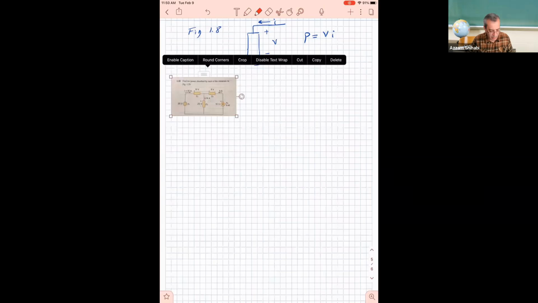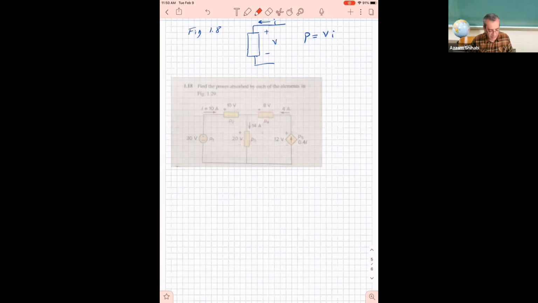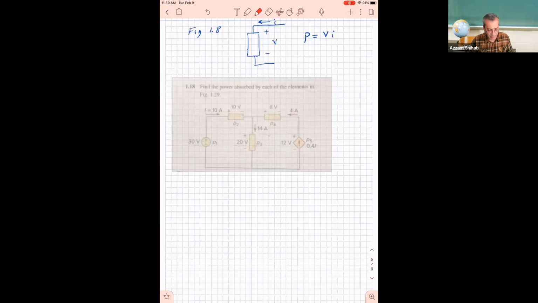Here's an example on finding the power absorbed or supplied by each element. All right, so let's start with the voltage source here.